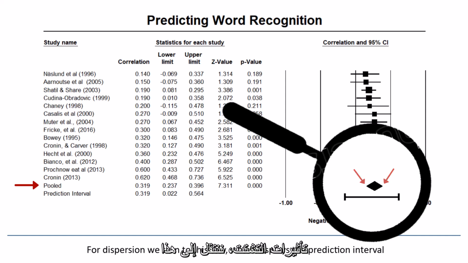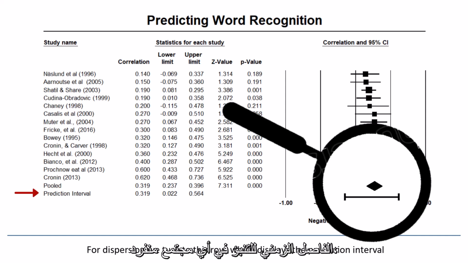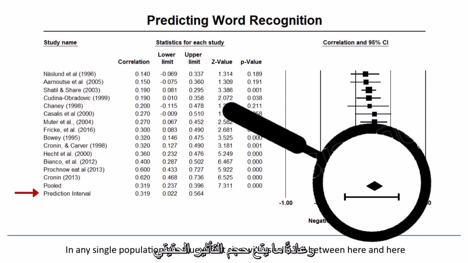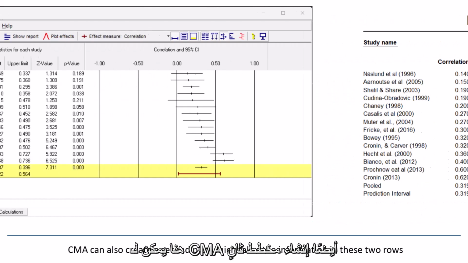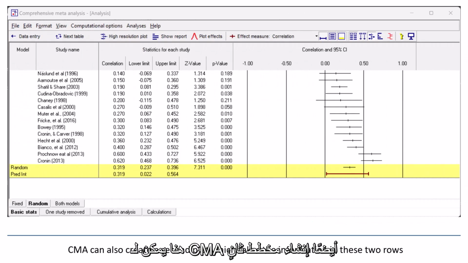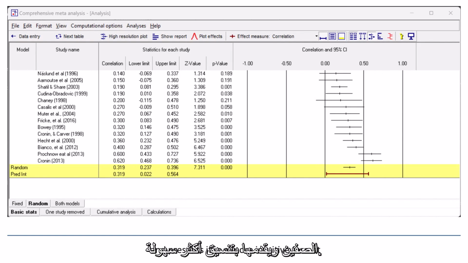For dispersion, we turn to this row, which displays the prediction interval. In any single population, the true effect size will usually fall between here and here. CMA can also create a second plot, which takes the information in these two rows and presents it in a more intuitive format.